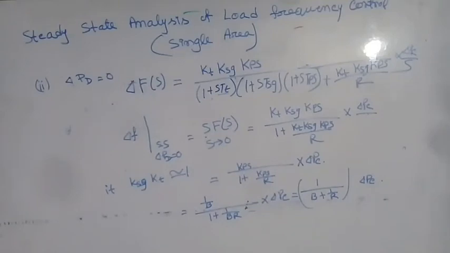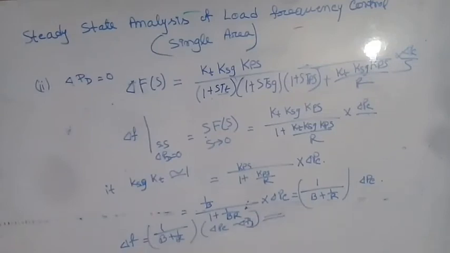Now if the speed changer setting is changed by delta PC while the load demand changes by delta PD, the steady state frequency change is obtained by superposition, that is delta F is equal to 1 by B plus 1 by R times delta PC minus delta PD.